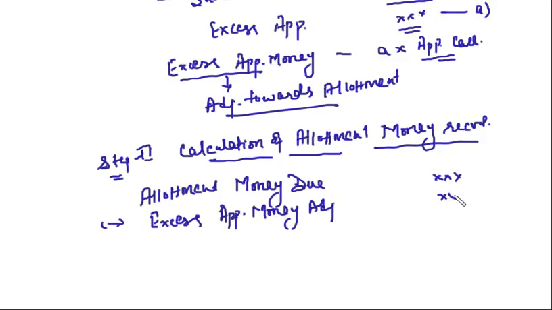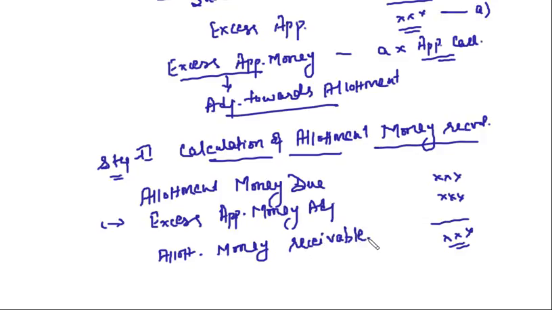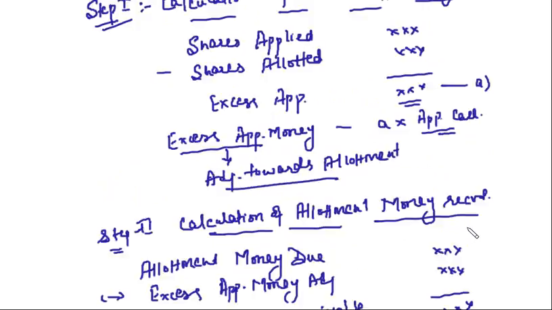We will adjust the excess application money. So this is the allotment money that is receivable. Whether it is received or not will depend upon the question, how it is given in the question, whether the allotment money has been received in full or not.